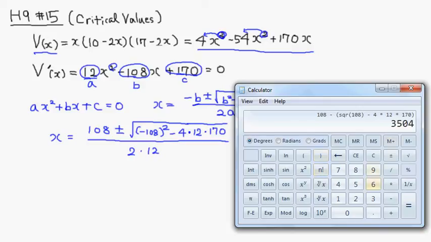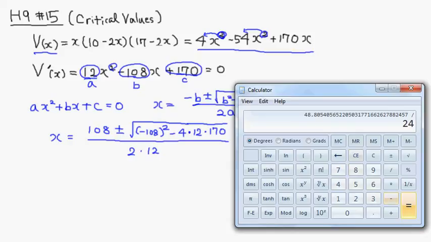Then I have to take the square root of the whole thing in the parentheses. That's going to be my whole numerator. So I'm going to go ahead and find that value. Then I have to divide it by 2 times 12, which is 24, I can do this in my head. So we just have to divide by 24.